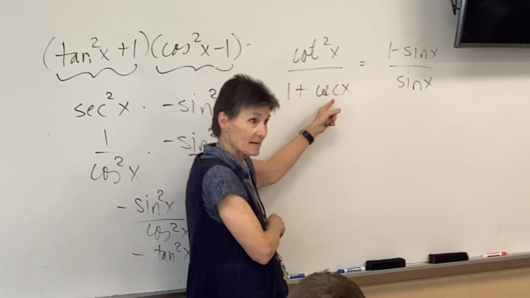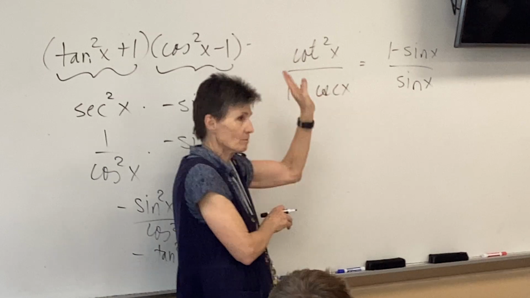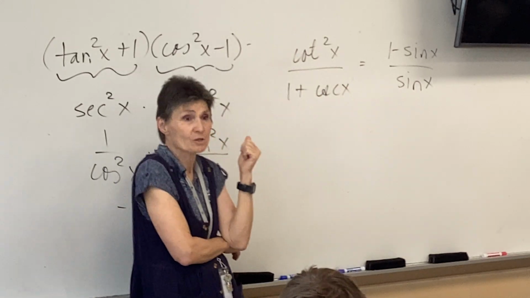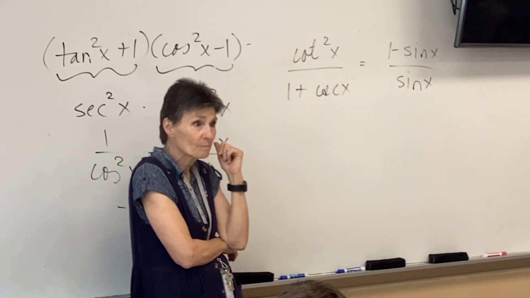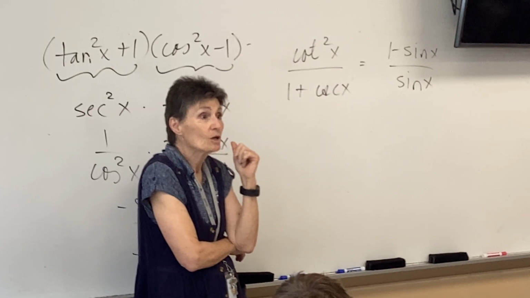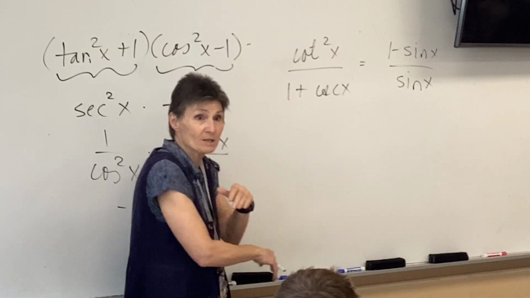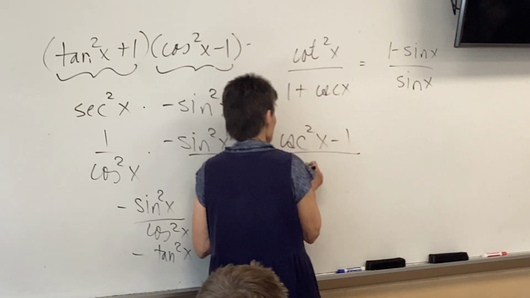Even though that doesn't say sine, I know it's related to a sine. The numerator is just different. What do I know about cotangent squared? Do I know anything about cotangent squared? Cosecant squared minus 1, right, from my sheet. So cosecant squared minus 1.